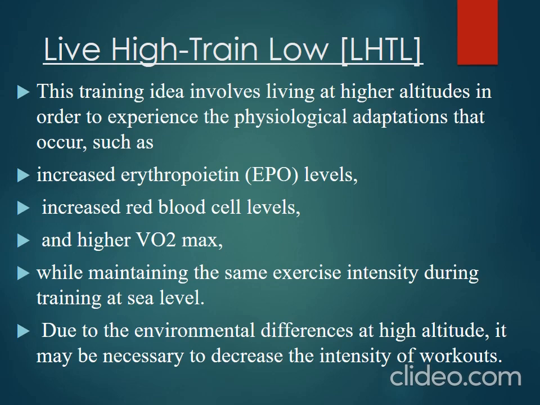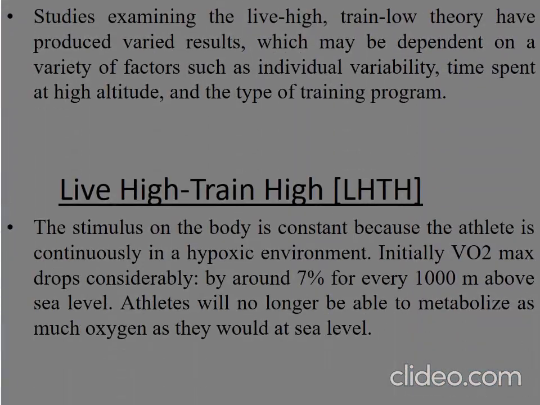Due to the environmental differences at high altitude, it is necessary to decrease the intensity of workouts at times. Studies examining the live high, train low theory have produced varied results depending on factors such as individual variability, time spent at high altitude, and the length of the training program.